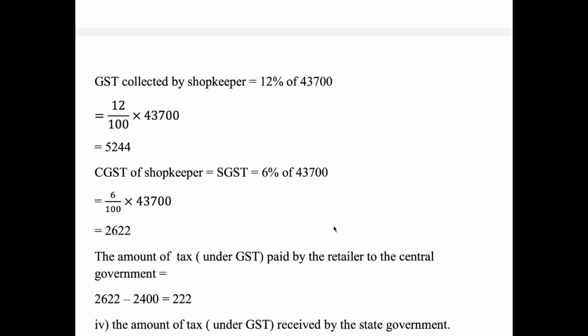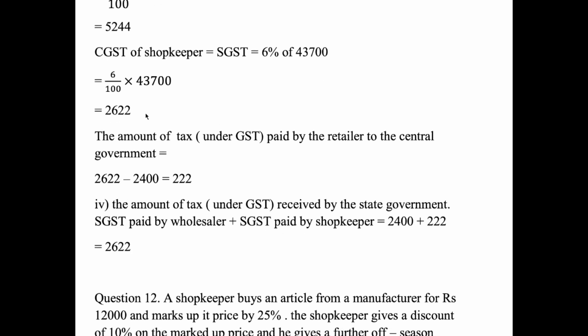So GST collected by the shopkeeper is 12% of 43,700, that comes to 5244. CGST of the shopkeeper, that is SGST, is 6% of 43,700, that comes to 2622. The amount of tax under GST paid by the retailer to the central government is 2622 minus 2400, that comes to 222.